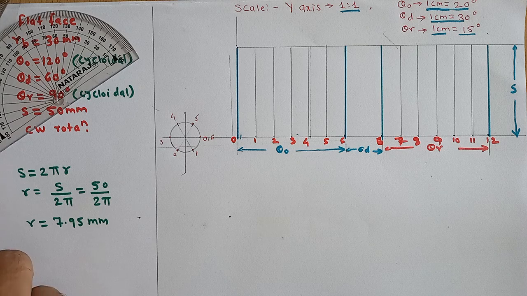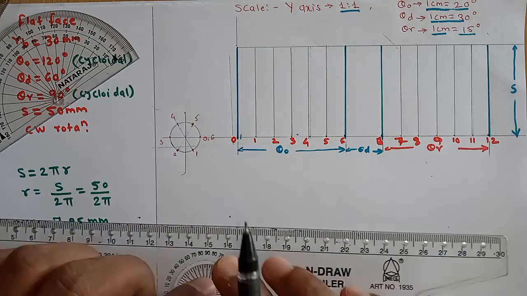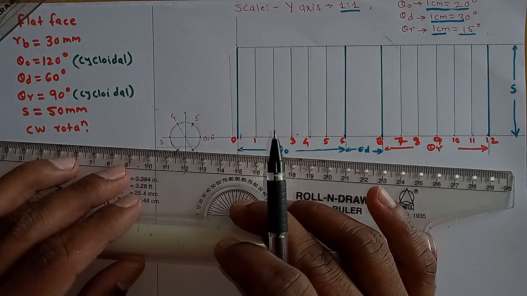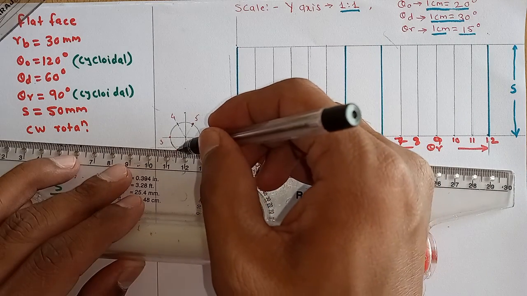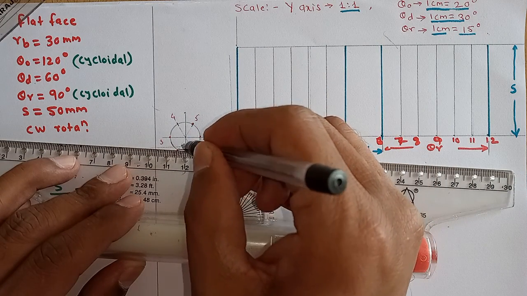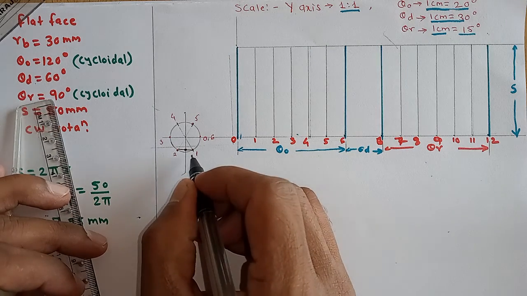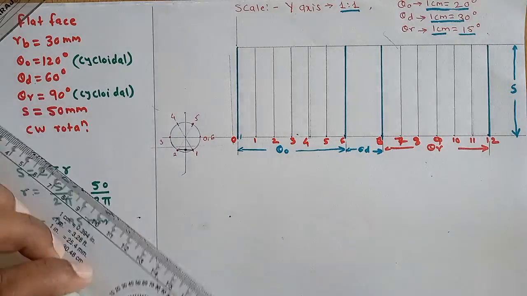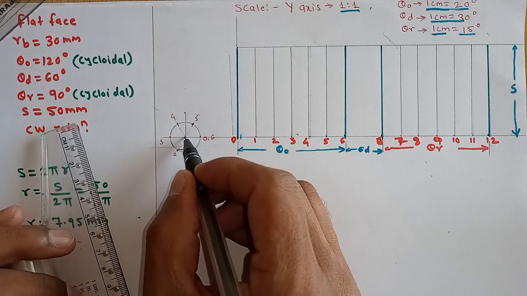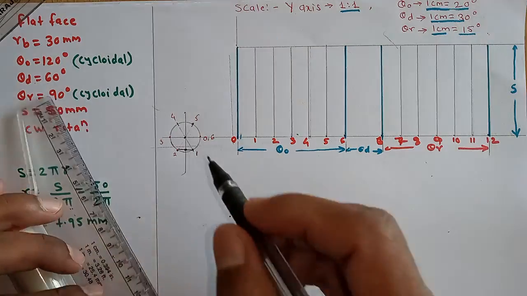Now in the next step, we project these divisions on the y-axis. So we project these division numbers on y-axis by drawing horizontal lines. So this point represents division number 1 and 2. This will represent division number 3 and 6.